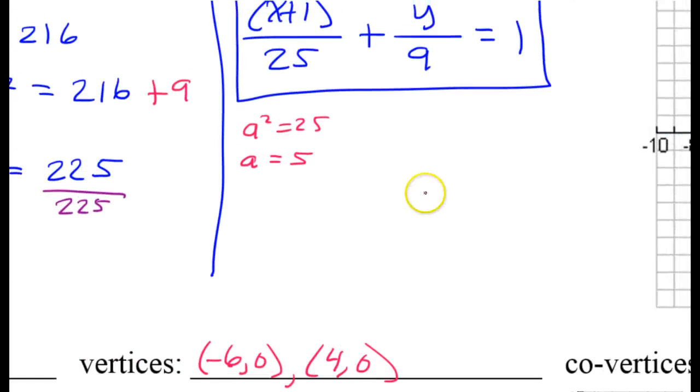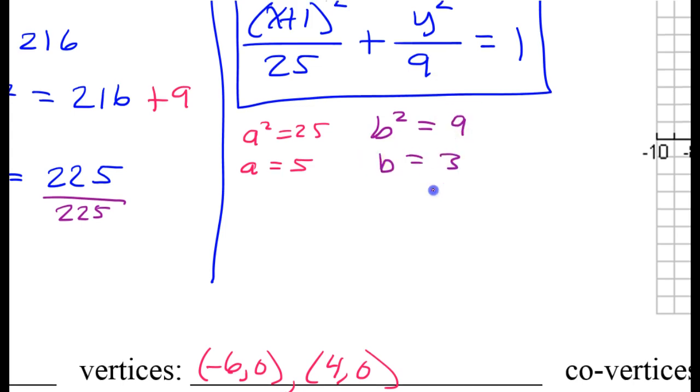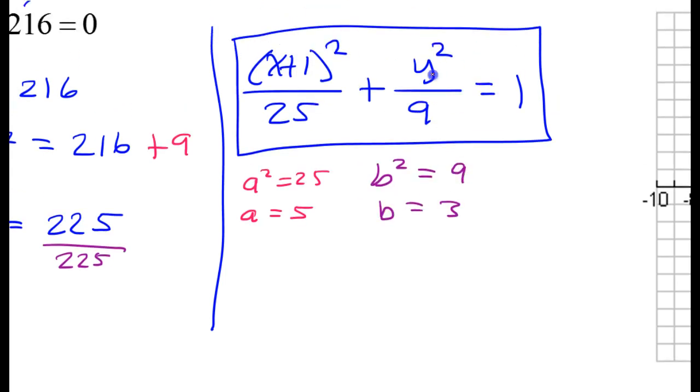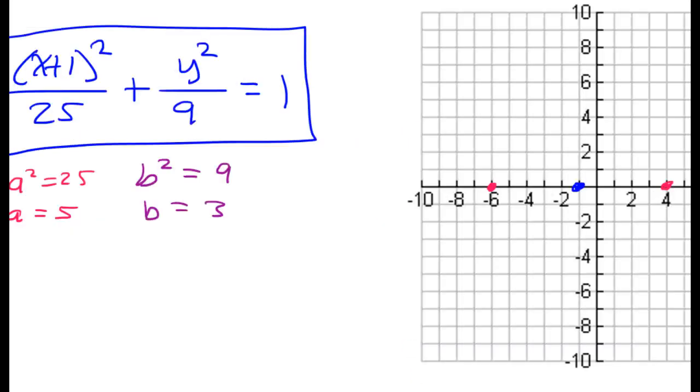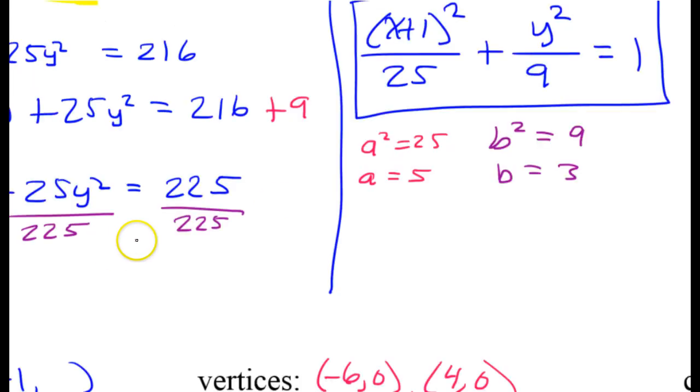Okay, now let's find the covertices. For ellipses, b squared is always the smaller denominator, so that means that b is 3. Since the 9 is in the y term, I will do plus or minus 3 in the y direction. So I will go up 3 and down 3, and these are my covertices. So -1, -3, and -1, +3.